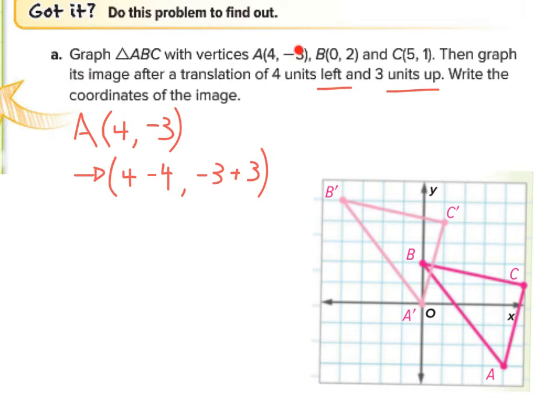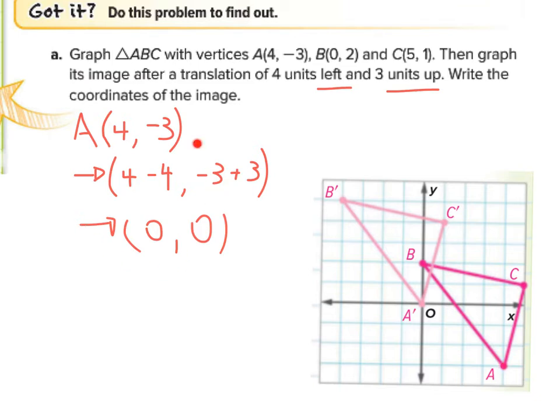And then our original negative 3, we have to add 3, because we're moving up, so in the positive. So what do I get? I get a new set of coordinates that equals 0, 0. 4 minus 4 and negative 3 plus 3 is 0, 0. And there it is. That's my new A, my A1, for my new image.